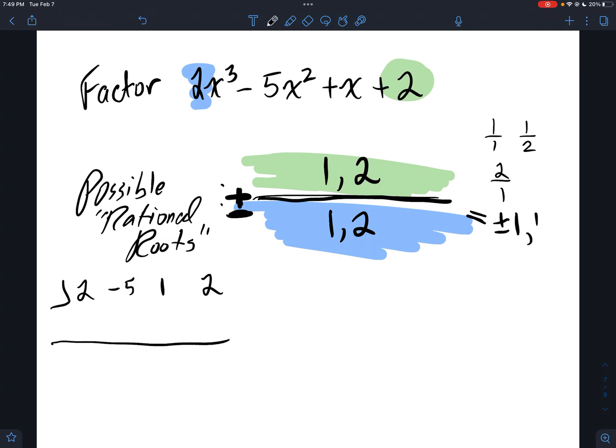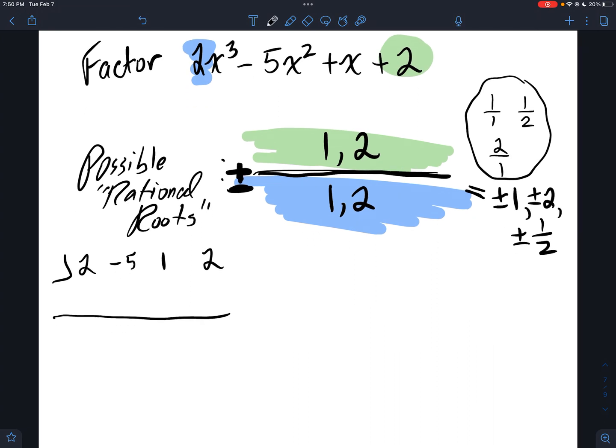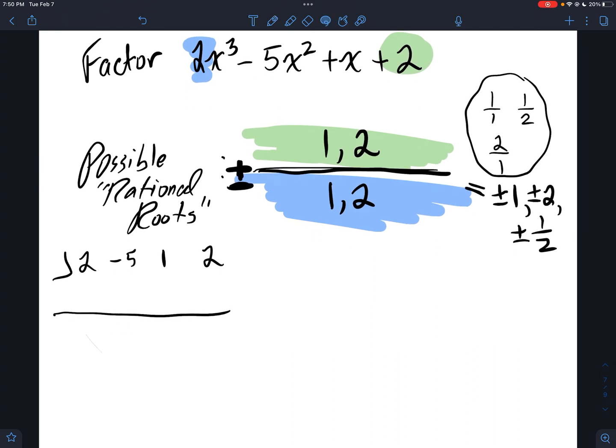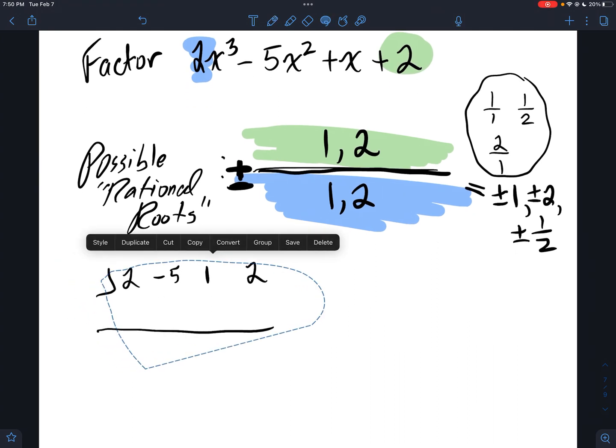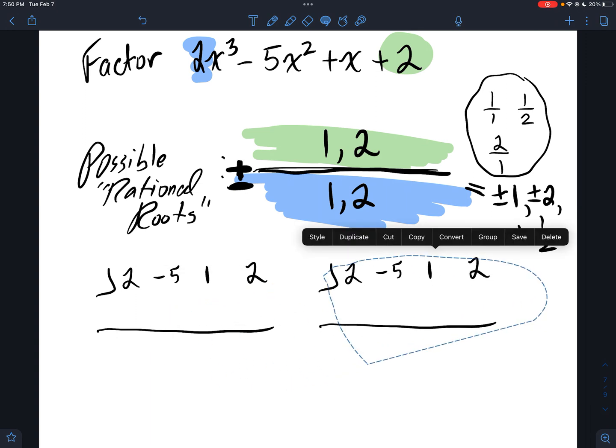So all the different possible roots you can get are plus or minus 1, plus or minus 2, and plus or minus 1/2. These are the 3 possible roots, and then it can be negative. So we have a lot of work to do, don't we? Because we have to test 6 different things with synthetic. And that's a lot of work, right? So let's see.